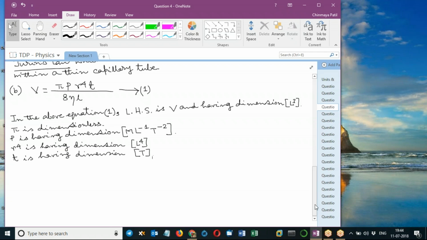I'm writing it out so that you can go through it as we write. Eta is the coefficient of viscosity.